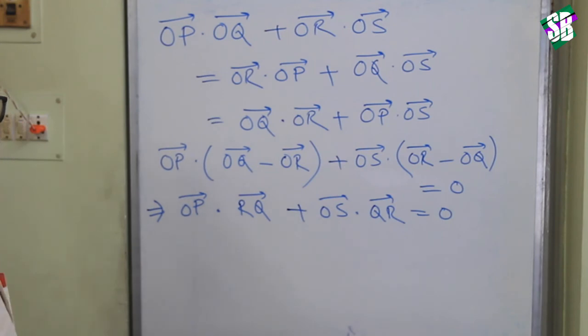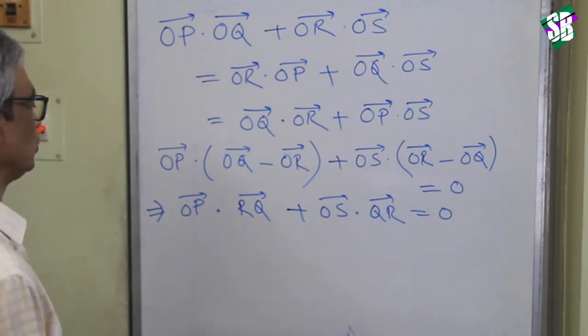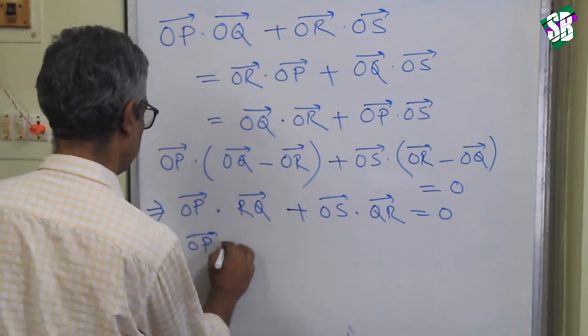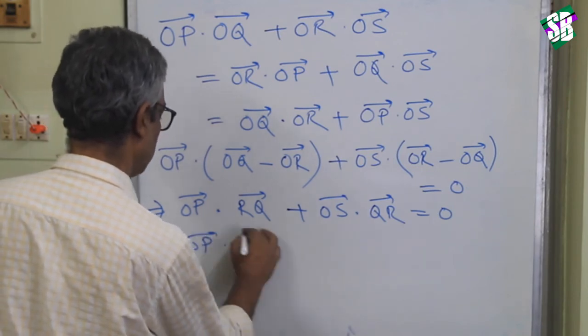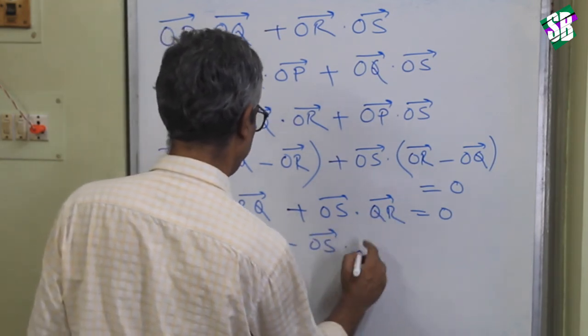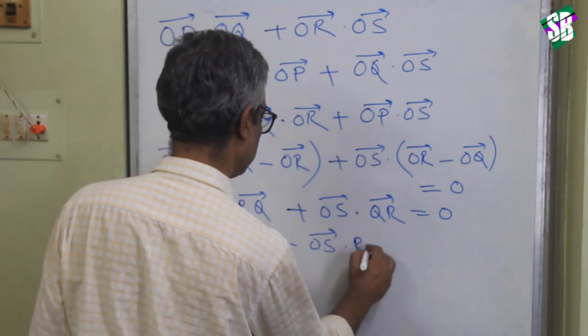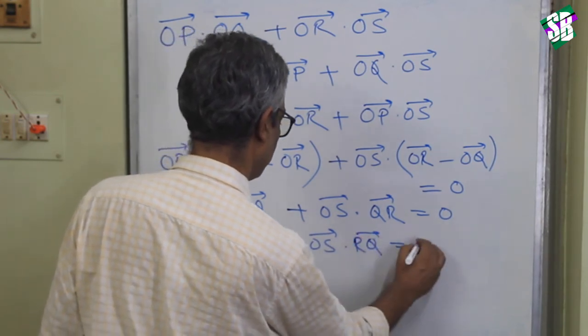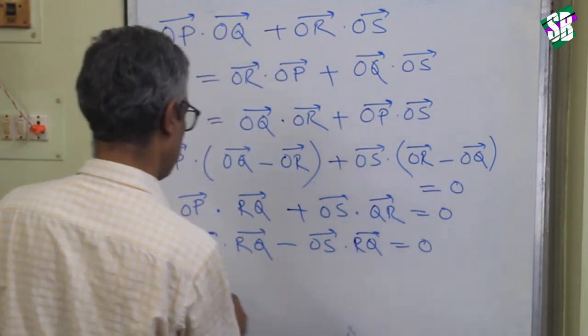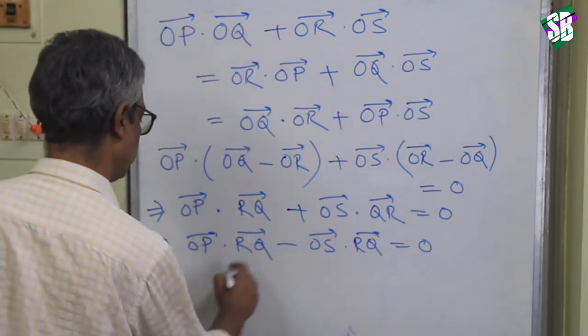Okay, so this can be written as OP vector dot RQ vector minus OS vector dot QR vector, which can be written as minus RQ vector. Okay. And now take RQ vector common.